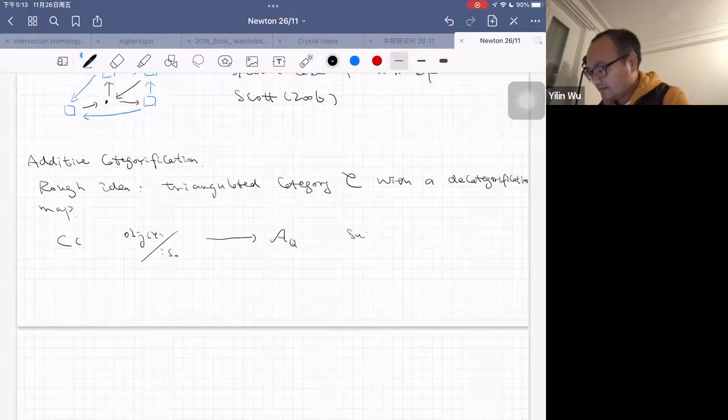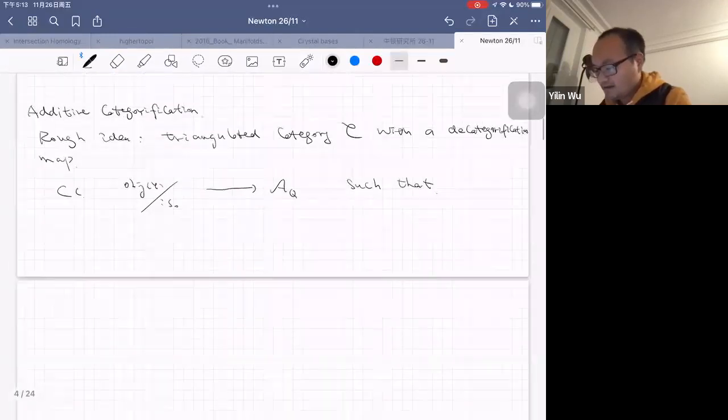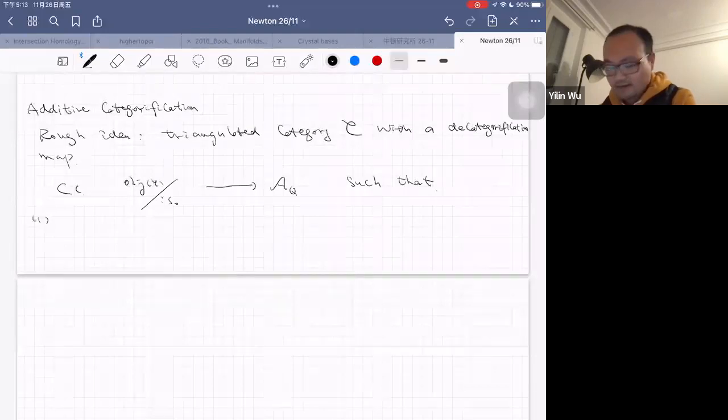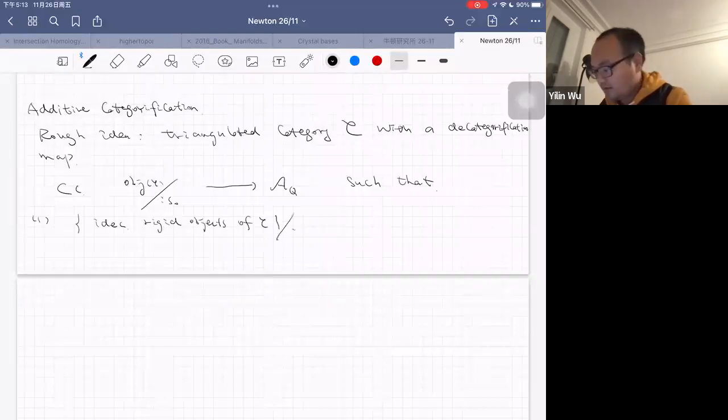And this map satisfies the following properties. The first one takes a decomposable rigid object of C, up to isomorphism. It takes the rigid objects to the cluster variables.